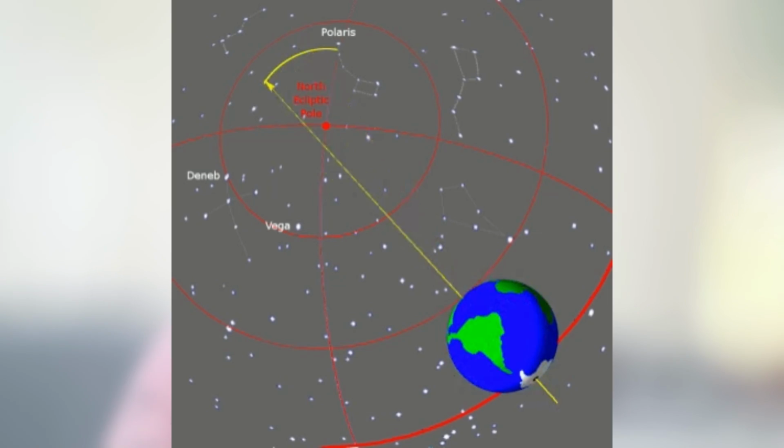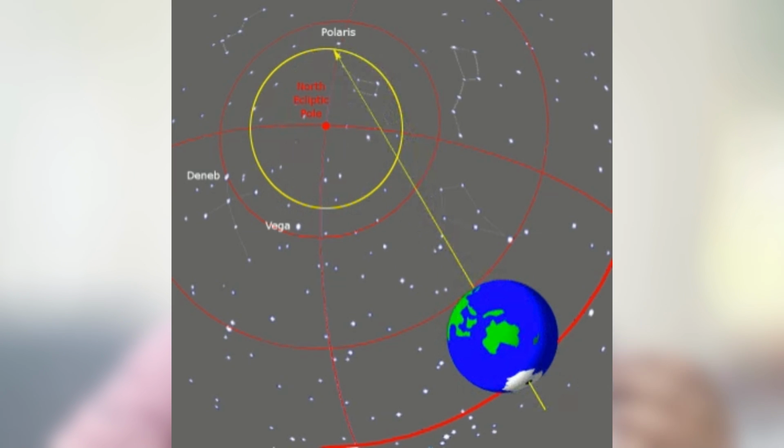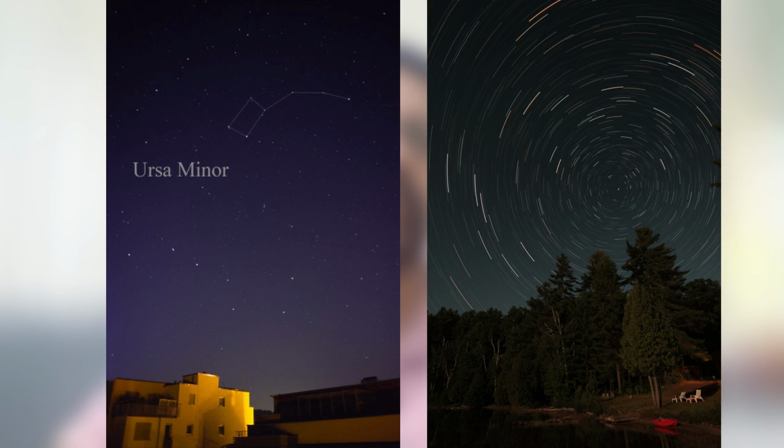Now here is some interesting fact. If you extend the Earth's rotational axis, it will point towards the North Celestial Pole. The star Polaris is about 0.6 degrees from the North Celestial Pole. So for most practical purposes, we call Polaris the North Star.